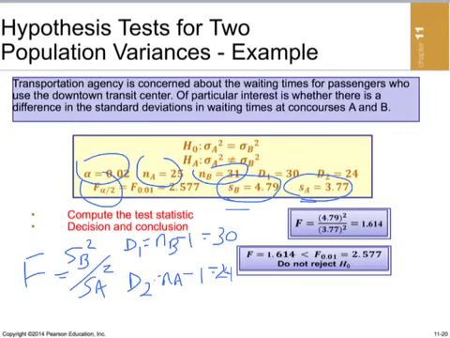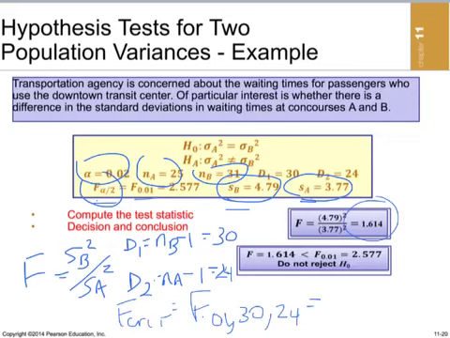When we compute the value of our test statistic, here it is. Our critical value for F alpha over 2, so it's F 0.01. If we were to write it out properly, it would be F with alpha over 2, which is 0.01, the numerator degrees of freedom is 30, and the denominator degrees of freedom is 24.